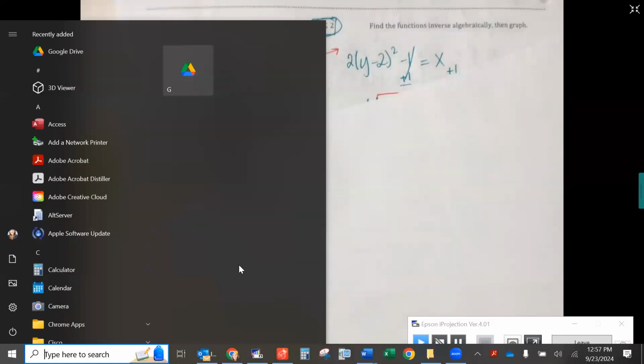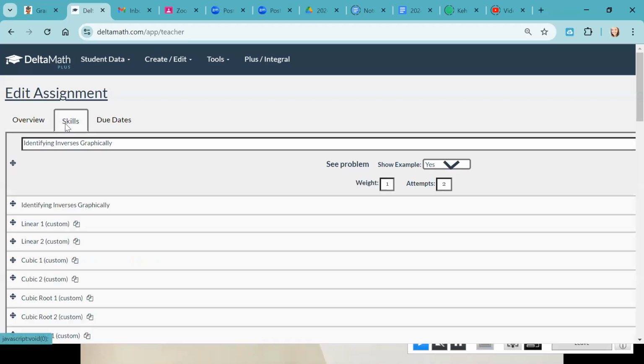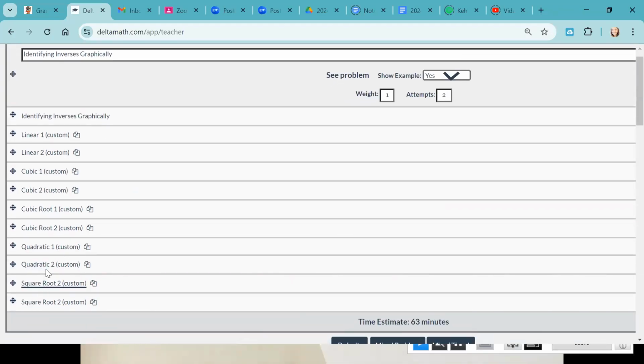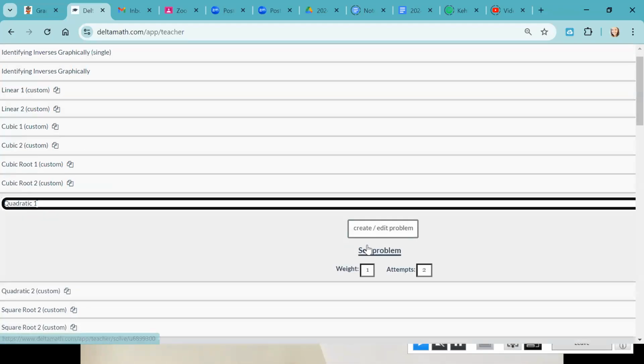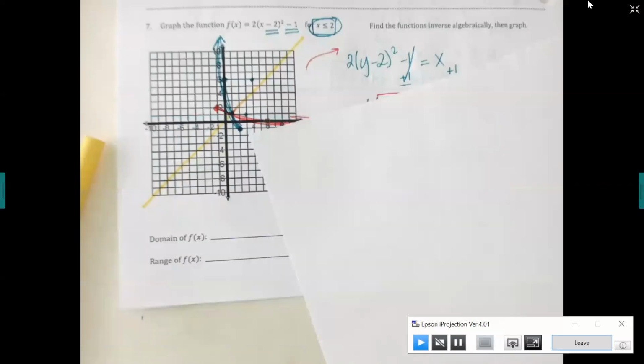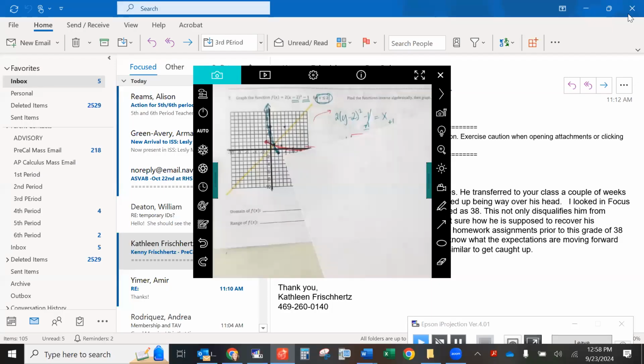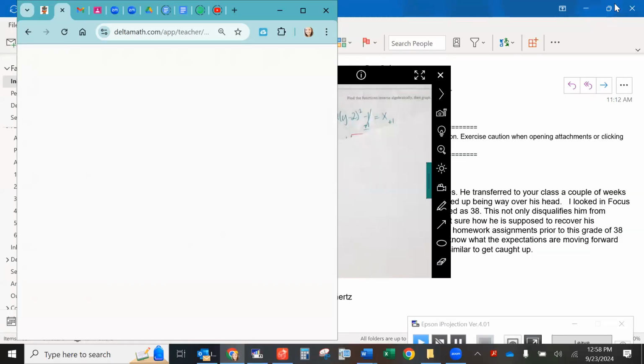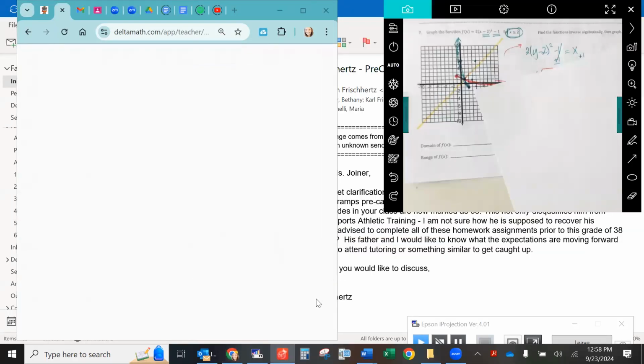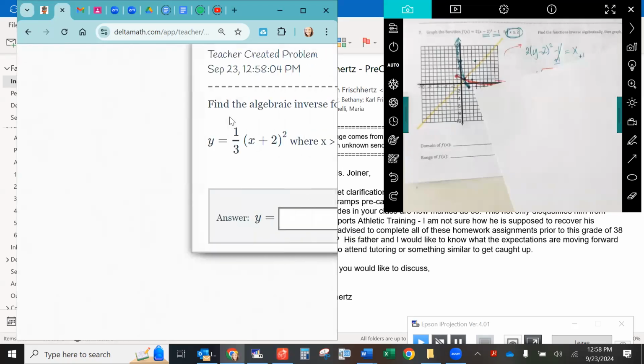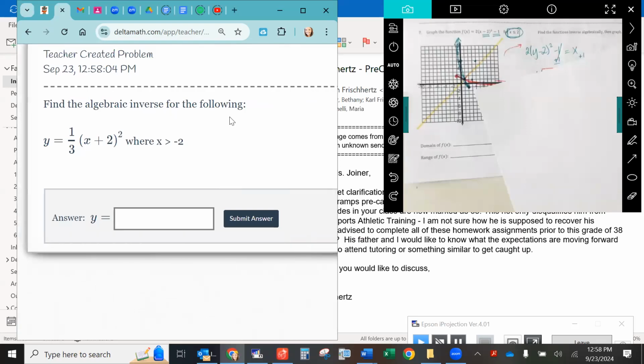Okay, so we should all have the same for the first quadratic. All right, real quick, here we go.